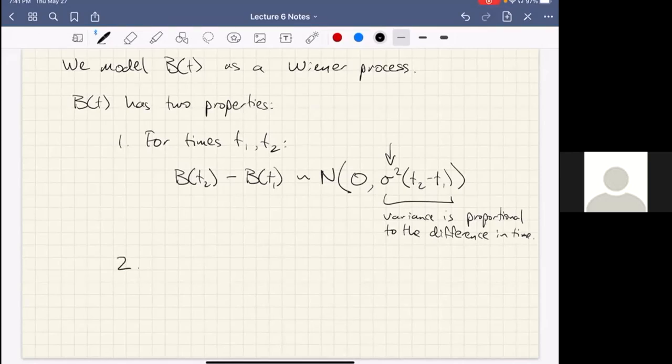Second property of a Brownian motion described by the Wiener process is that for disjoint intervals, the increments are independent.